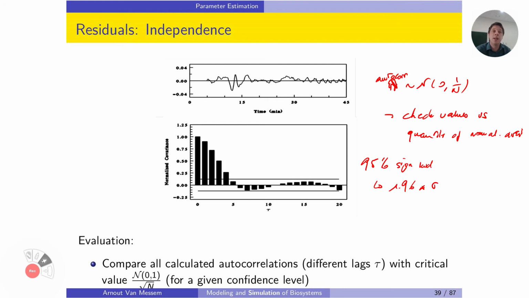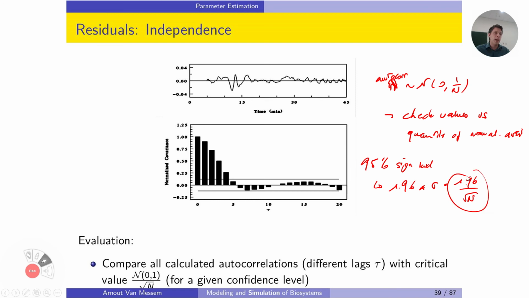This is the same reasoning as in confidence intervals: you had the average plus or minus the quantile times the standard deviation. In this case, the average is 0 plus or minus 1.96 for a 95% significance level times sigma. Sigma is 1 over square root of n. So it's 1.96 divided by square root of n, and this is our cutoff value.